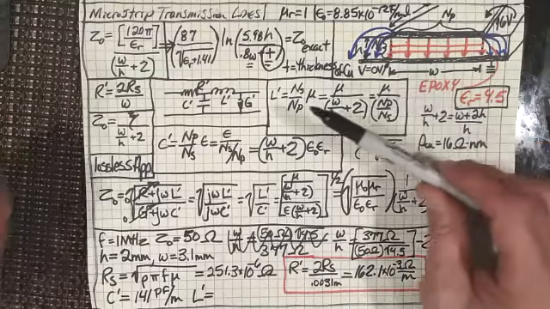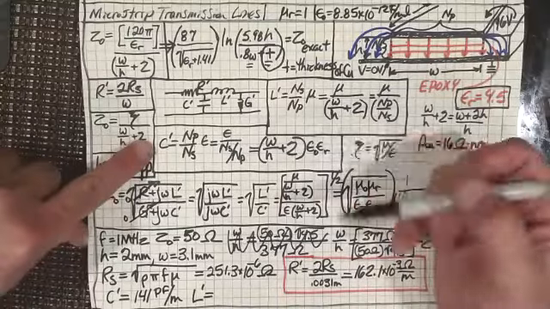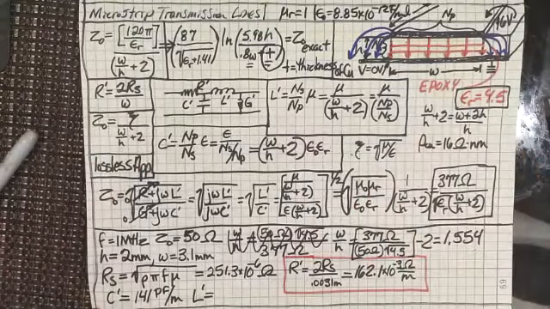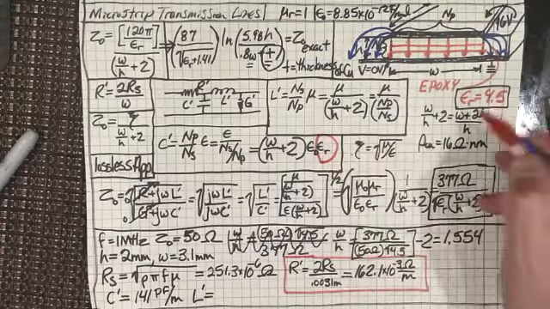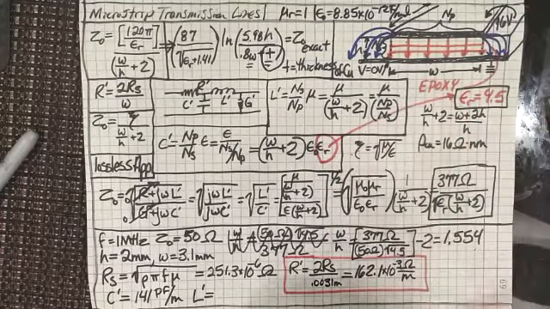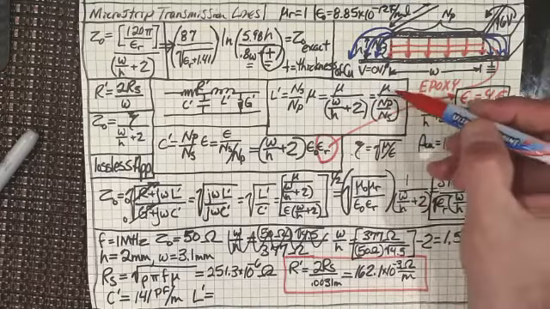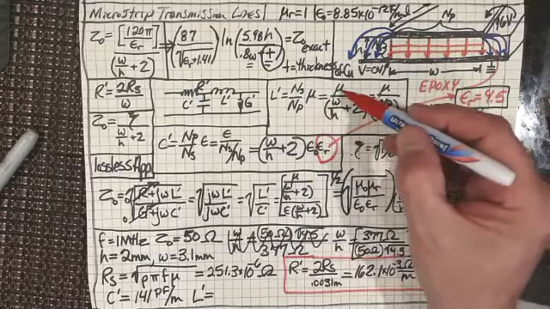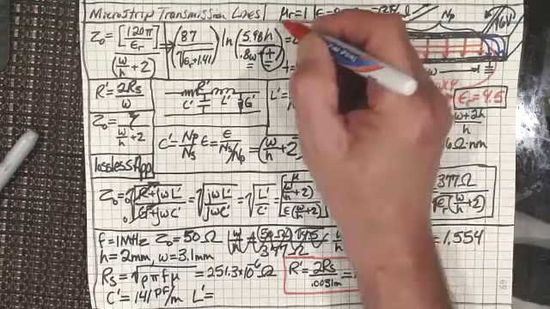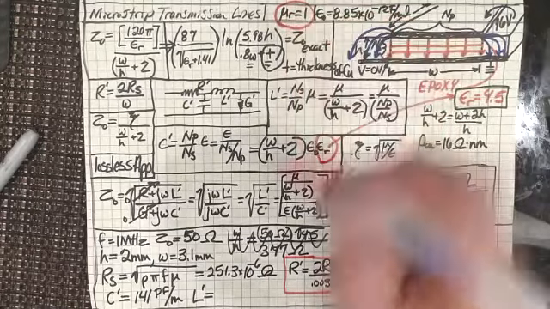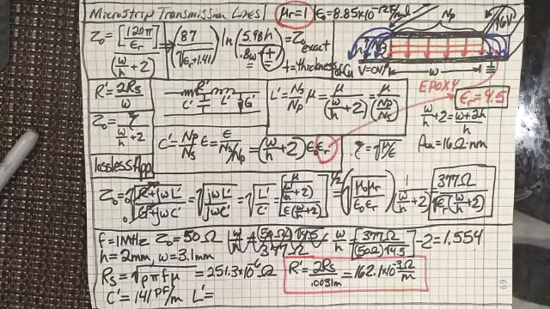And for L prime, I'll let you look at the L prime thing, mu, of course, mu sub r. Let's not forget when you're doing this that you've got epsilon sub r here, and that equals 4.5, and we got to put that in. Not so for this one, right? Because you really are always just using mu sub 0, because mu sub r is always 1 in anything we're going to do.